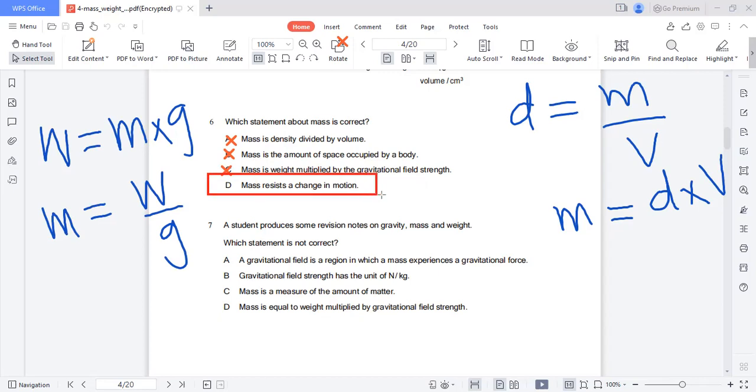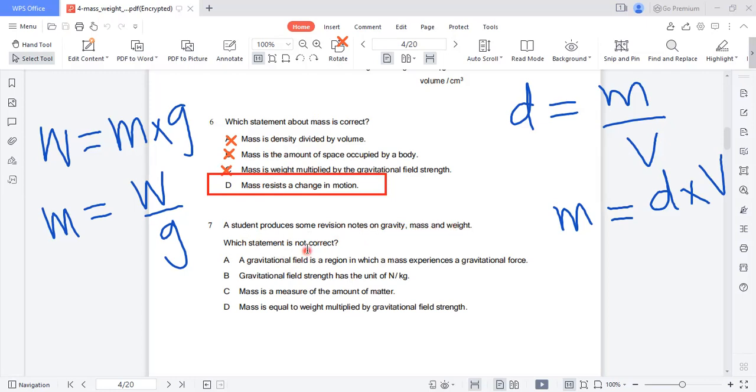This is the first option in which an object resists against change in its state of rest or state of motion. So this is actually the condition for inertia.